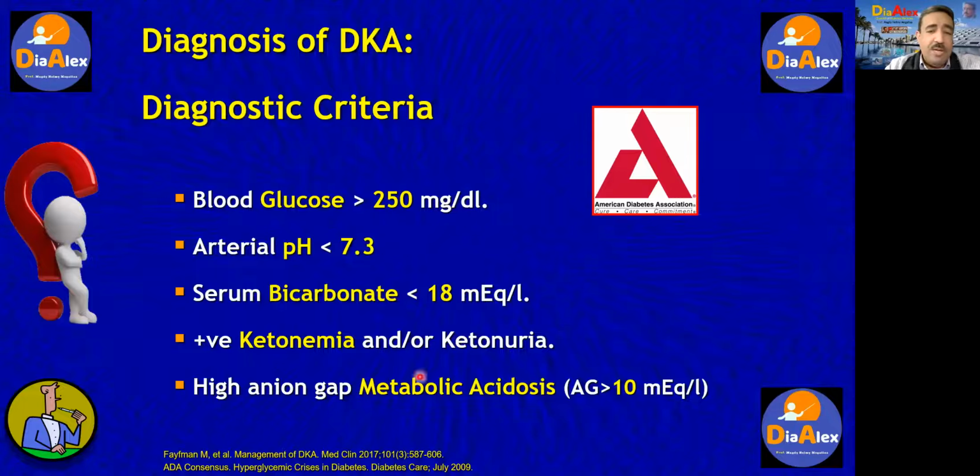There is evidence of ketone bodies, and there is a high anion gap, with AG more than 10. This is the typical presentation. Yet, please remember that some atypical cases may occur in your practice, so you need to be ready for that.